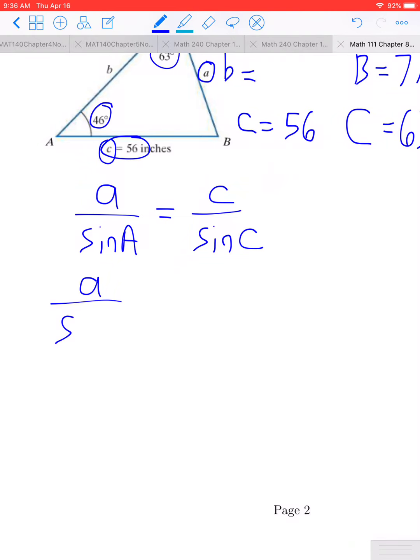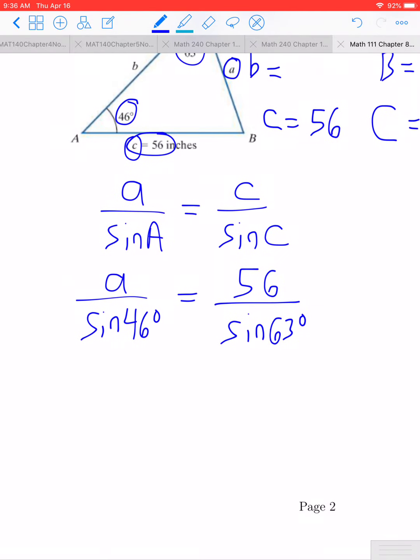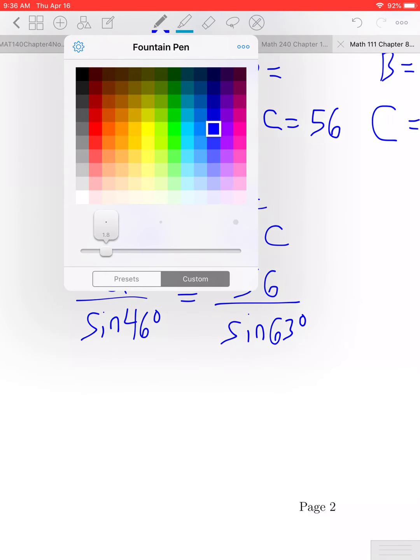I have the sine of 46 degrees would be equal to, C is 56, divided by the sine of angle C, which is 63 degrees. This gives us an equation where we can now go ahead and solve for side A.